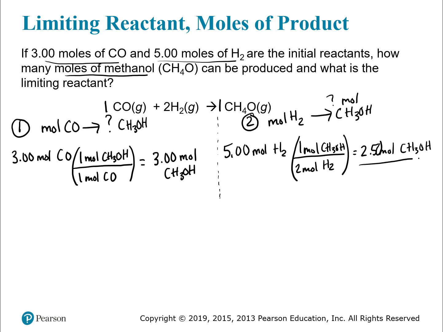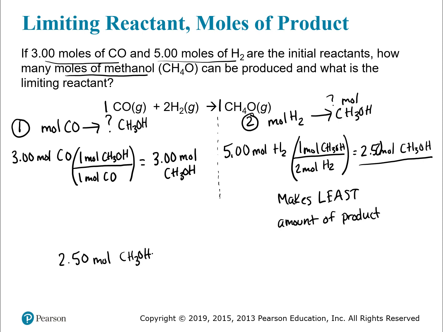You go with the one that makes the least amount of product. So we're going to make 2.50 moles of methanol.